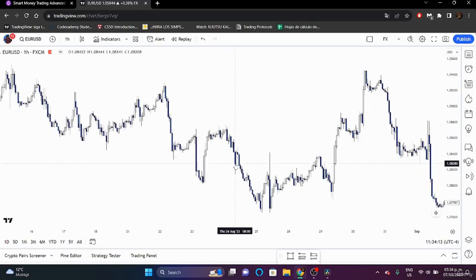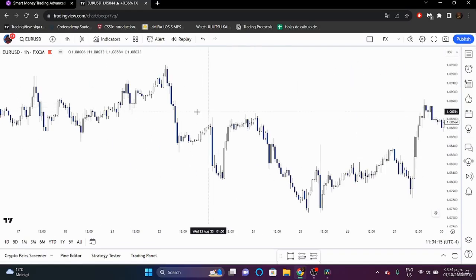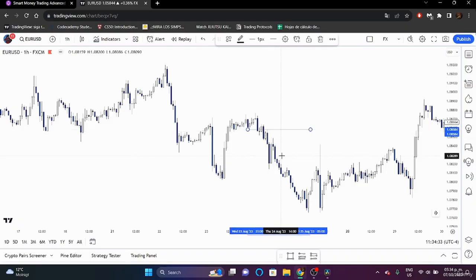Here we have a breaker block as well. Price makes a higher high. Where is our breaker block? Right here. This is the down candle. We could use this one as well, but I'm using this one. We trade through it, but you can wait for this and then you can short here.